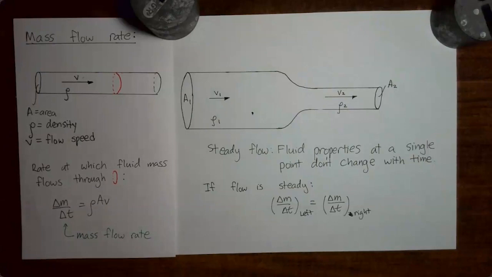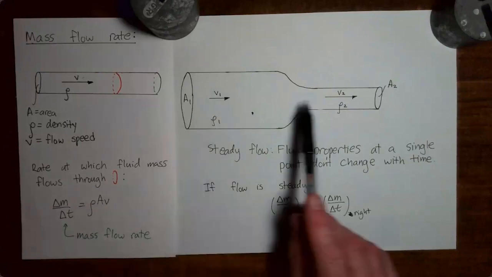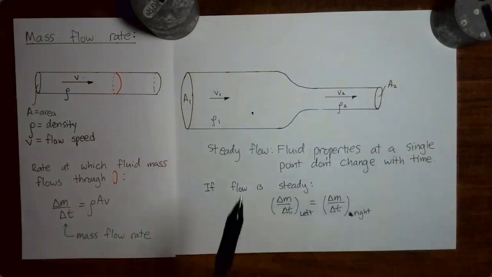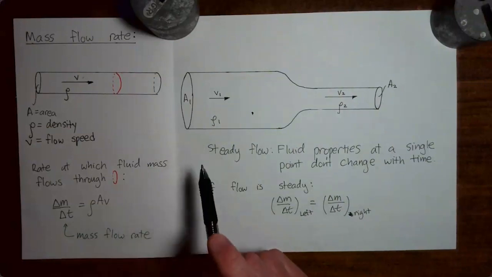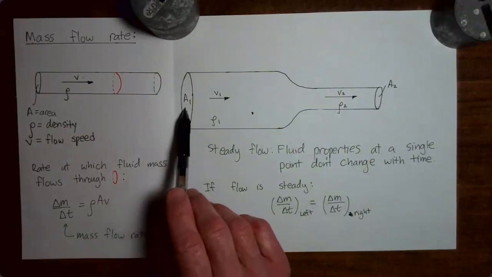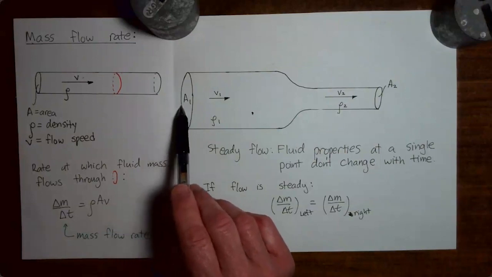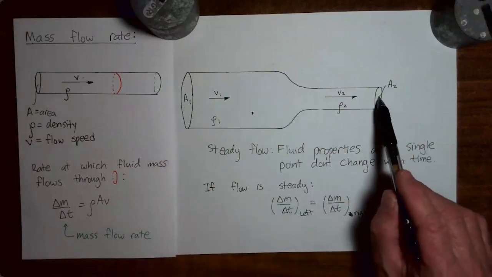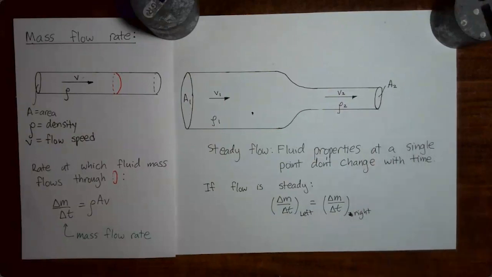Now, I claim that if the flow depicted in the figure here is an example of steady flow, then the rate at which fluid mass enters on the left side must equal the rate at which fluid mass leaves on the right side.